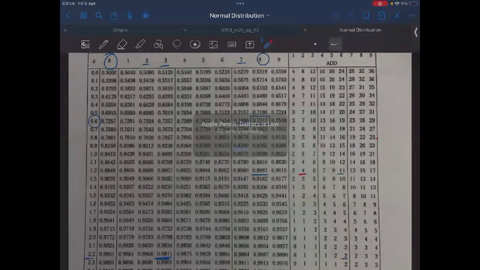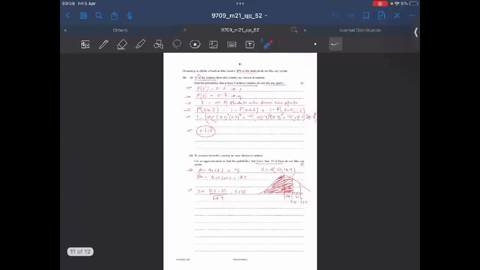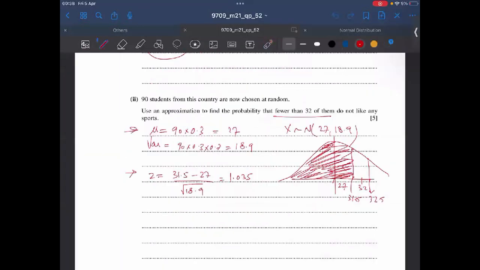So the probability that X is less than 31.5 is 0.8497.